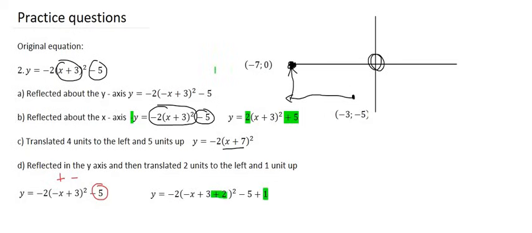And so there you can see how we have shown that the graph is going to move 2 units to the left, and then 1 unit up. So now what we can do is simplify inside the bracket, and we can also simplify this part over here, and there we can see the final equation for number 2D, and that is the end of this video.